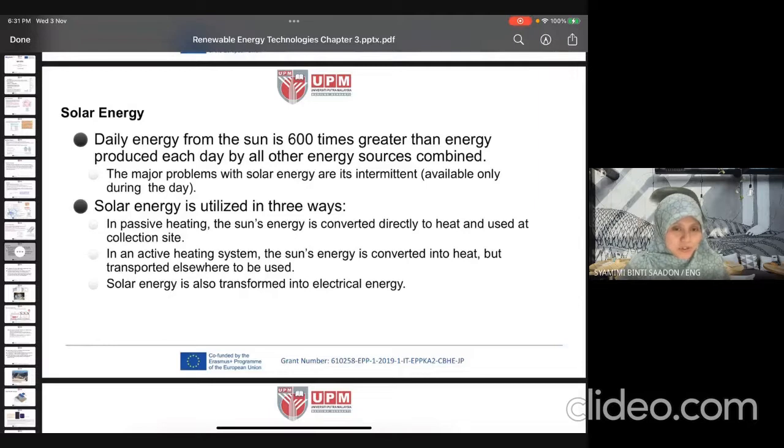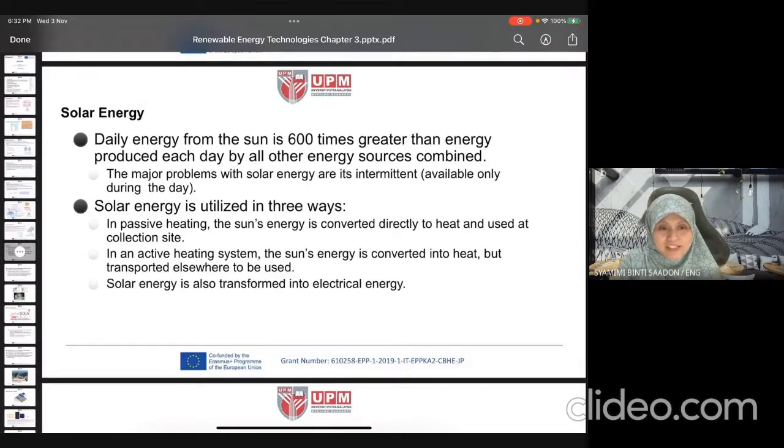Solar energy is utilized in 3 ways: passive heating, active heating, and solar energy is also transformed into electrical energy, one method being the photovoltaic panel. Sometimes we use passive heating, which means you just receive the heat from the sun, and the heat is used directly at the collection site, or at the building or house.